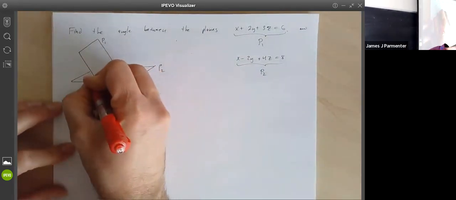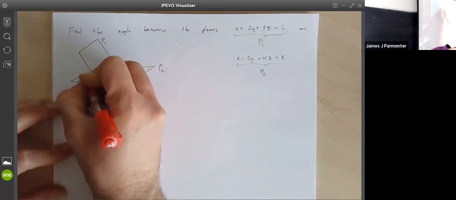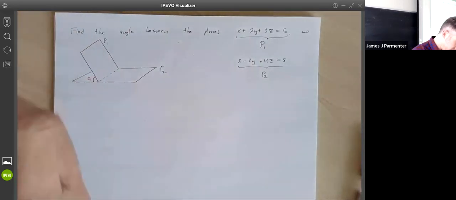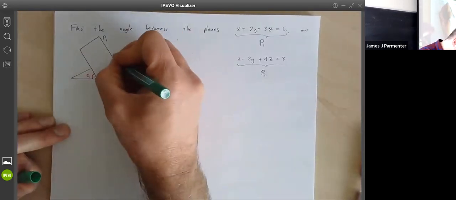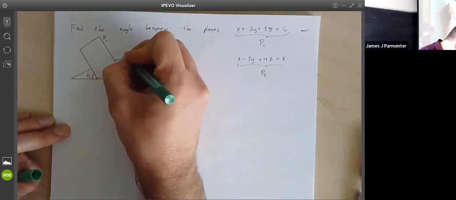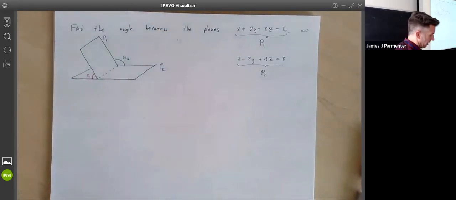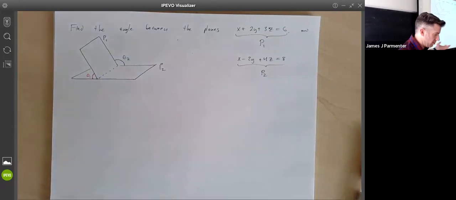So there's this acute angle right there, and there's this obtuse angle next to it, which I'm going to draw over here because it's easier and won't be in the way of my picture. We can find either angle. I would probably default to the acute angle, since that seems the more pertinent information, but whatever.